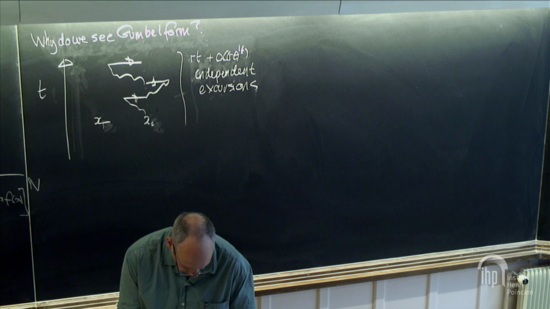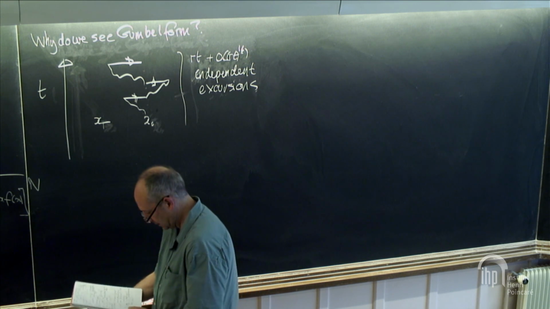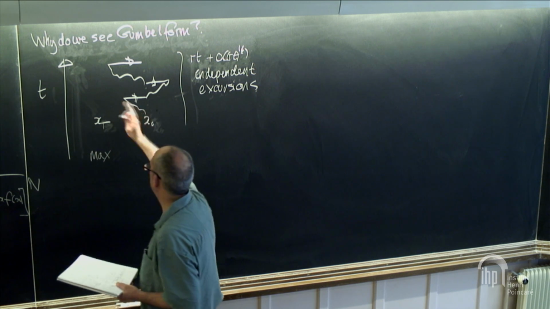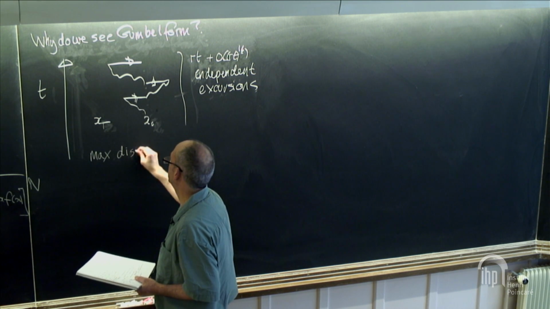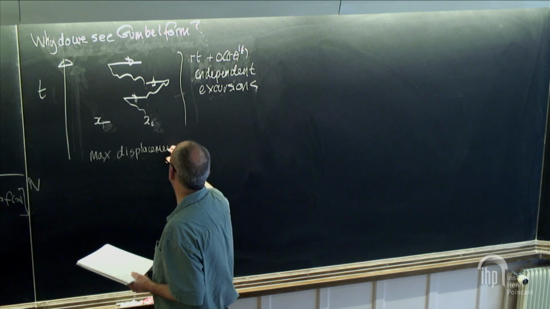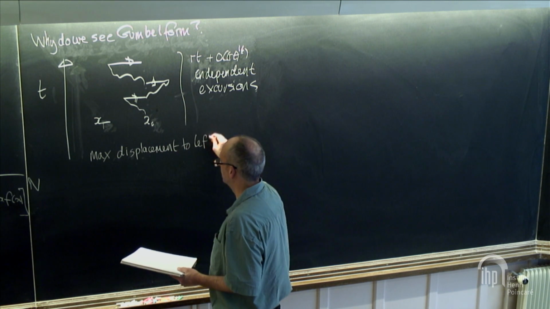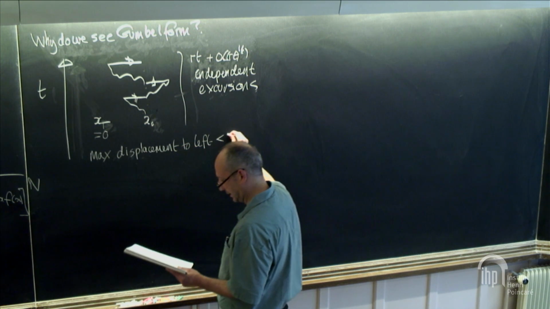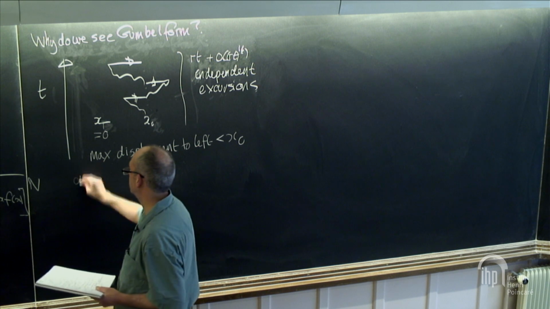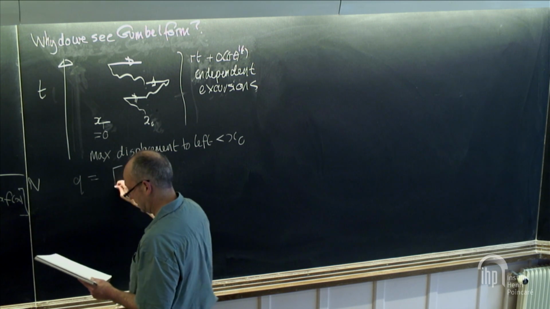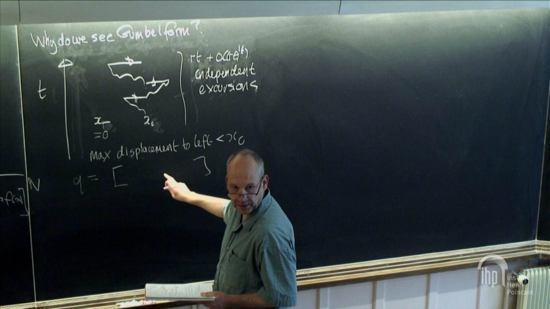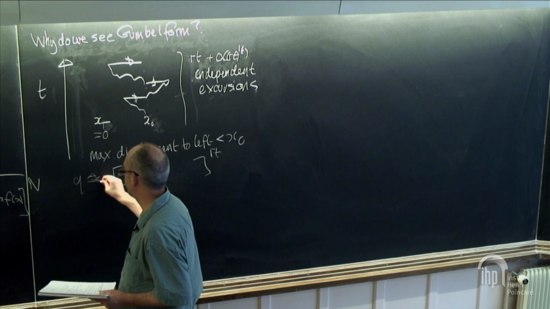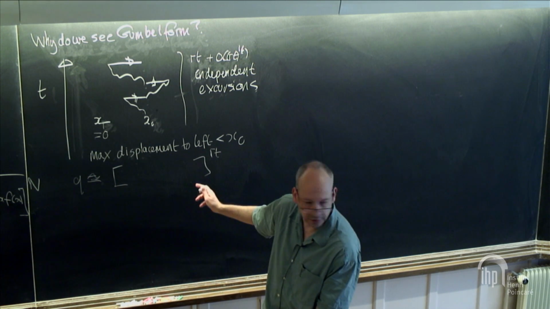So we can say what we need is that the max displacement to the left in the excursion should be less than, okay, if x_0 is at the origin, it's got to be less than x_0. So our survival probability is that probability to the power rt. Okay, this is an approximation, but the corrections will be quite small.